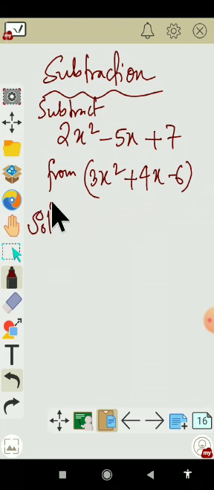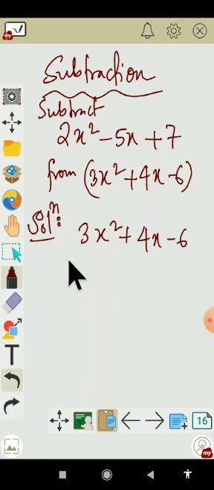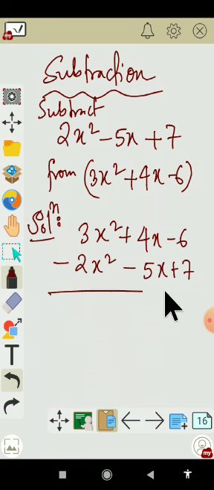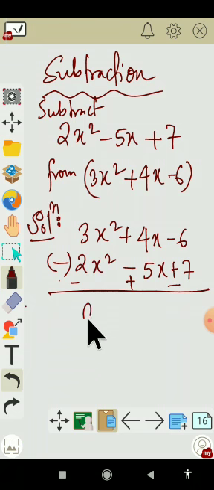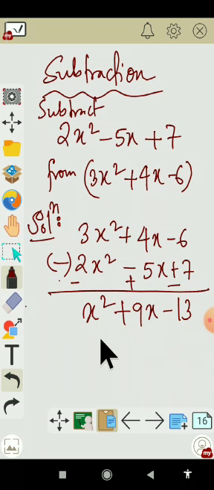So the solution will be 3x square plus 4x minus 6 minus, in brackets, 2x square minus 5x plus 7. After subtracting, what do you get here? x square plus 9x minus 13. So this is the answer of the subtraction.